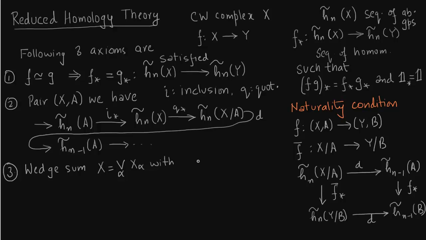And we have inclusion maps, each of these X alphas lie in X. So what we get is these inclusions induce a direct sum map, and this direct sum map is an isomorphism. So let us write this down.